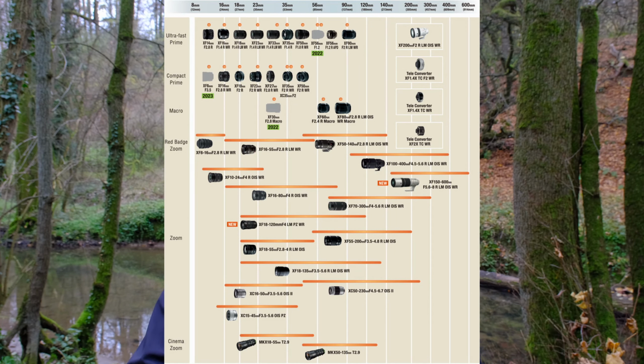And you have to consider, of course, that the Fujifilm X system is an APS-C, a cropped sensor camera system, so you have to take the crop factor into account, which is 1.53, but let's say 1.5. So 8 millimeters to 600 millimeters equals 12 to 900 millimeters full frame equivalent, which can obviously be increased through the teleconverter as well.